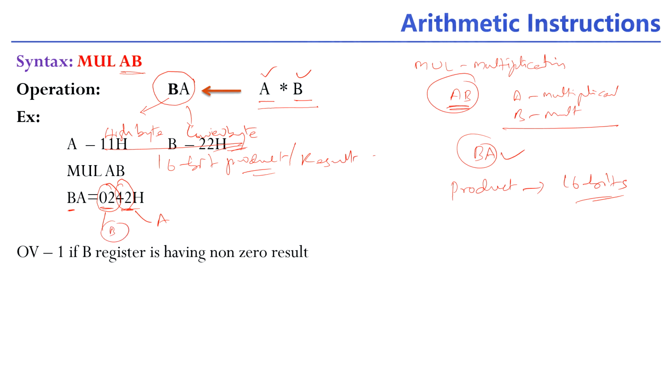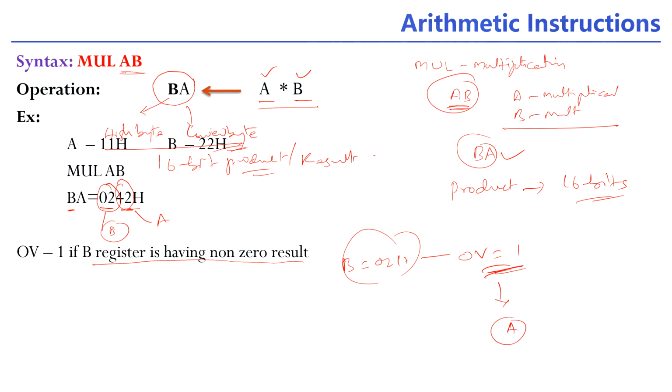And one important thing we need to note down here: if the B register is having a non-zero result after execution of the multiplication instruction. In this example, B register is having 02H. That means it is a non-zero result. That means the overflow flag will be equal to 1, which indicates that normally the destination is the accumulator only.